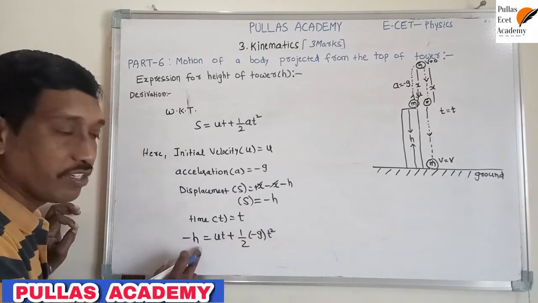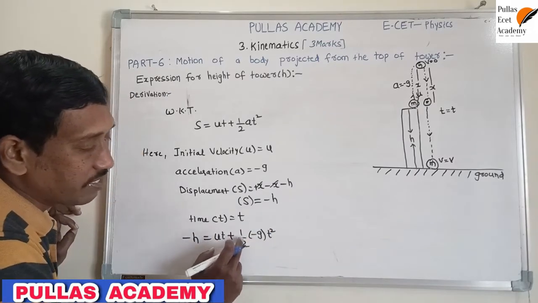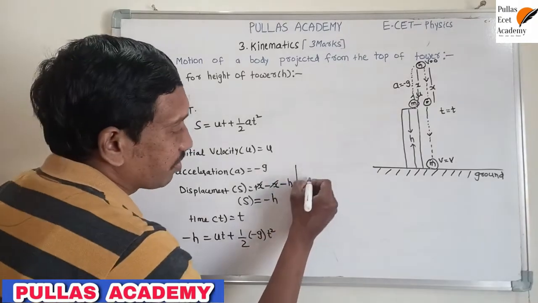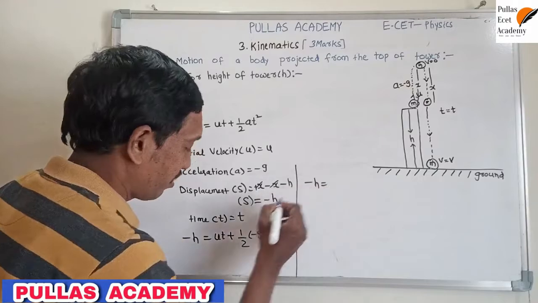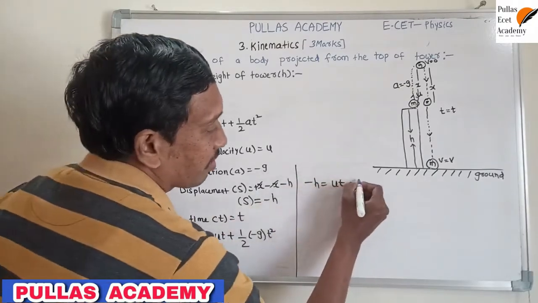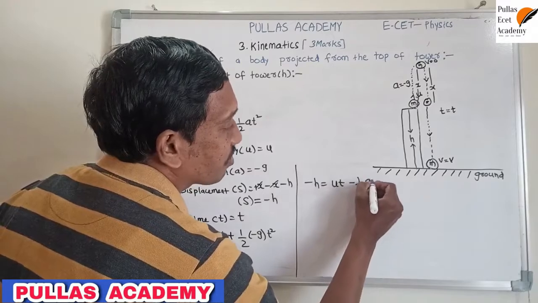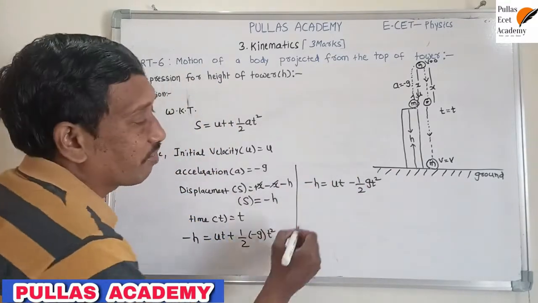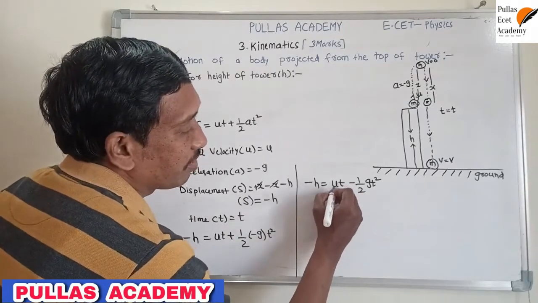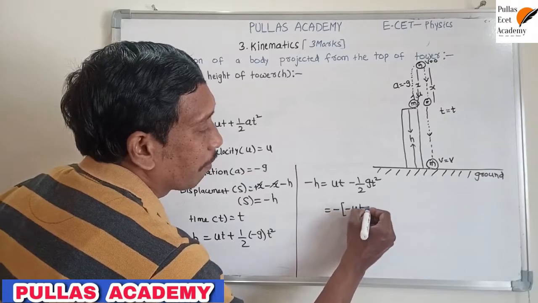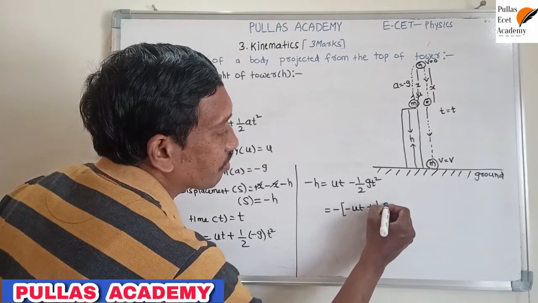This gives minus h is equal to ut plus half into minus g into t square. Simplifying, minus h is equal to ut minus half gt square. Simplify again: taking the negative sign common, you get minus of ut plus half gt square.